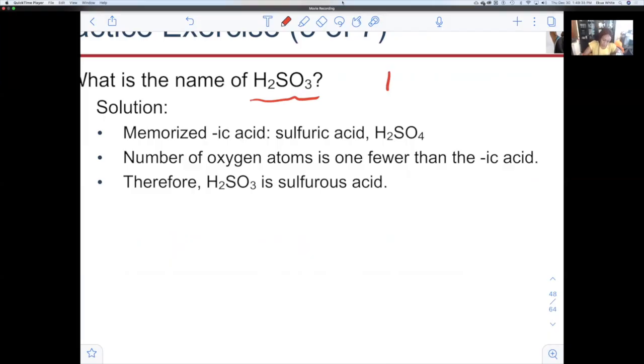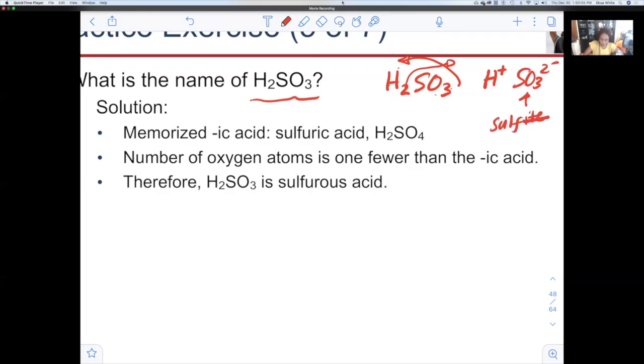So what I'll do here, I will reverse crisscross, y'all. So I'll bring this back here. And this 3 doesn't go back here because these are together. If the 3 did not belong to this group here, there'd be a parenthesis between this, right? But there isn't. So I will bring this back here. I'll bring the 1 back here. And I know H is plus anyways. It's not any other number but H plus. So SO3 2 minus. And then name this. This is sulfite, right?